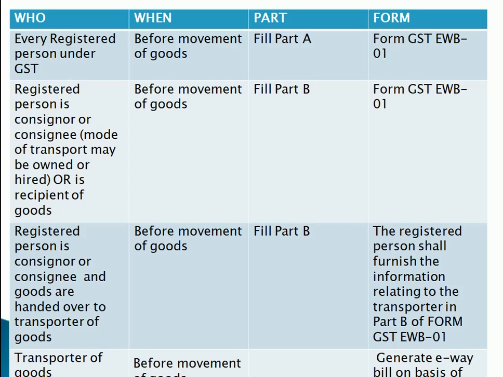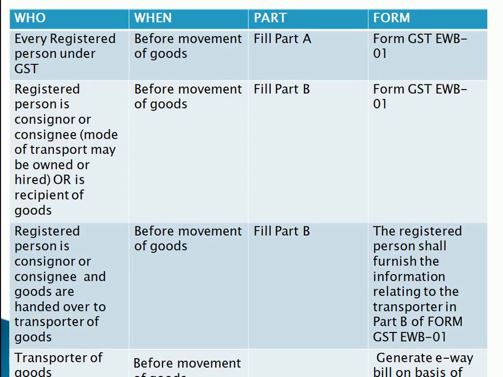So this table will basically clear your doubt regarding who has to generate e-way bills, when the bill has to be generated, and what the form is. Every registered person under GST has to generate the e-way bill before movement of the goods. To fill in Part A, the form is GST EWB-01.